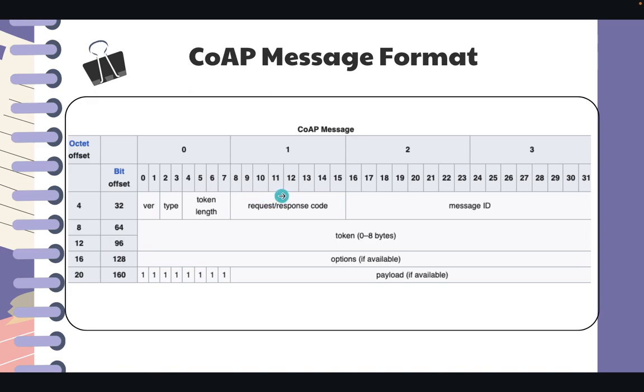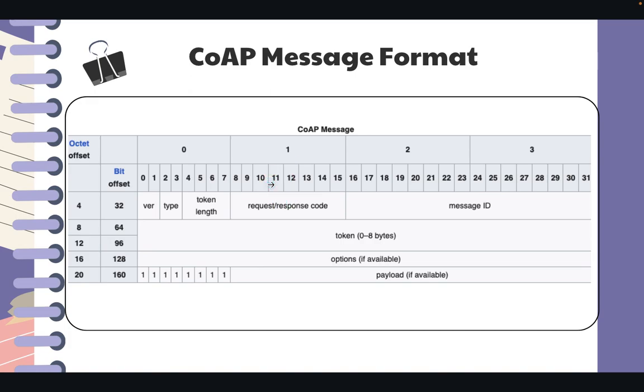If it is a client error, it is represented by 4.xx: 0 for bad request, 1 for unauthorized, 2 for bad option, 3 for forbidden. Like that, if I take 7.xx, then it is a signaling code: 0 for unassigned, 1 for CSM, 2 for ping, 3 for pong. Like that, this whole thing represents the class.code.